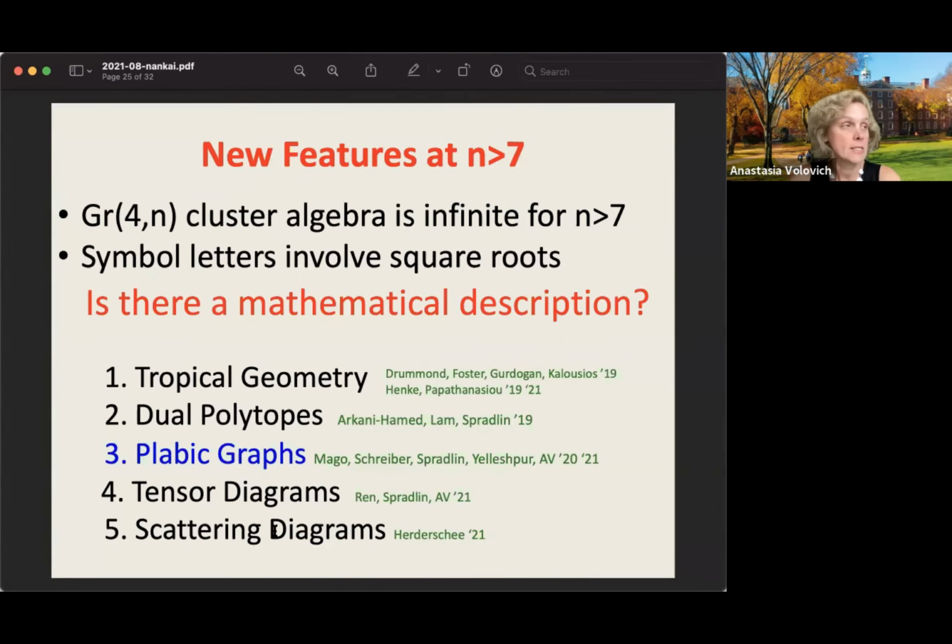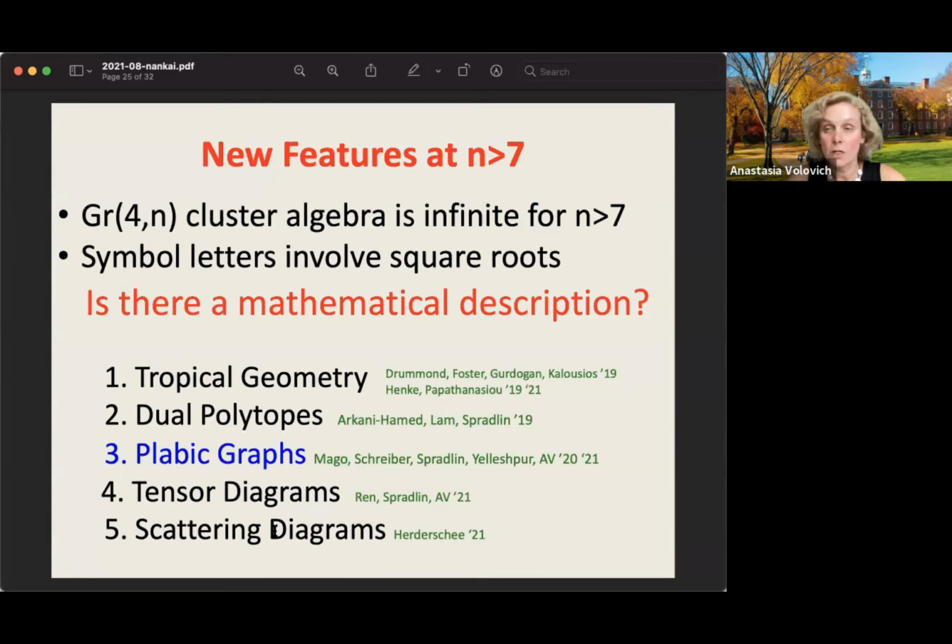In the past 2 years there have been several approaches to solving this problem. There was an approach by James Drummond and his group using tropical geometry. There's a dual polytope construction by Drummond, Foster, Gürdoğan, Kalousios, and Lam, and Spradlin. I'm going to tell you about our work trying to understand this from Plabic graphs.